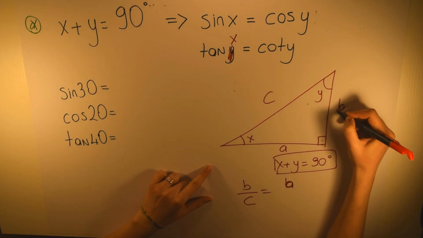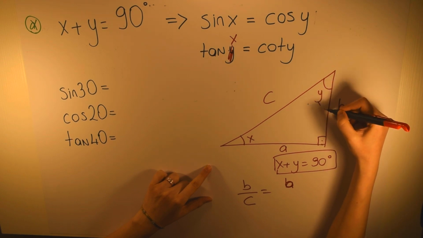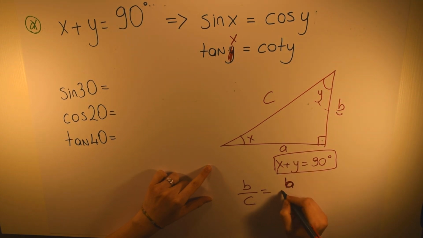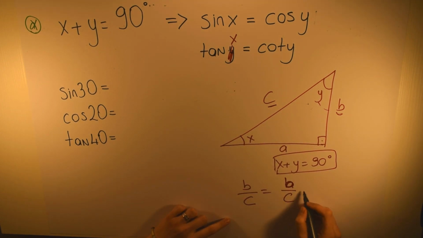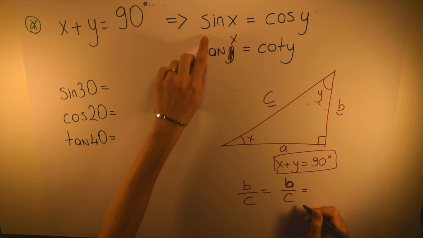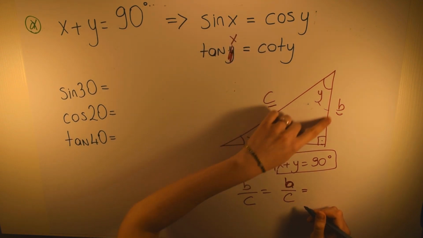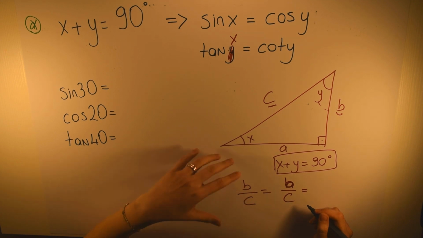Of course, the adjacent side is the one next to y. As you can see, these are all equal to each other. So that's why this comes from this logic.